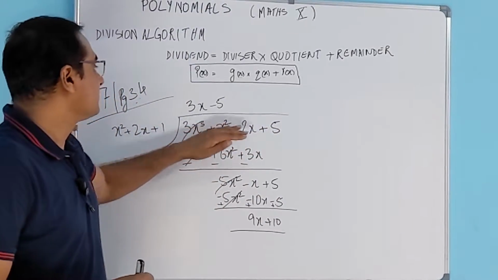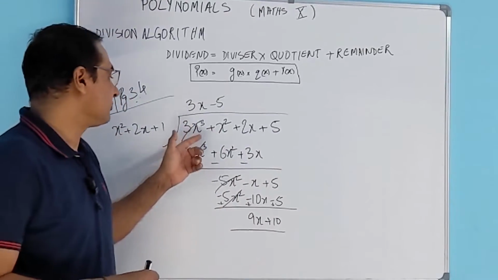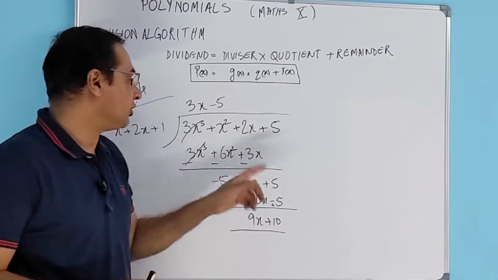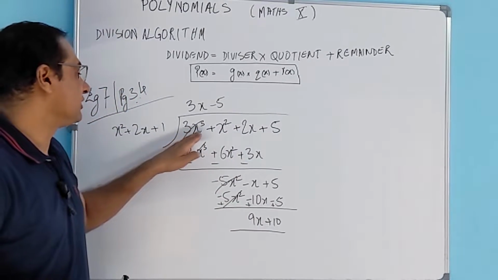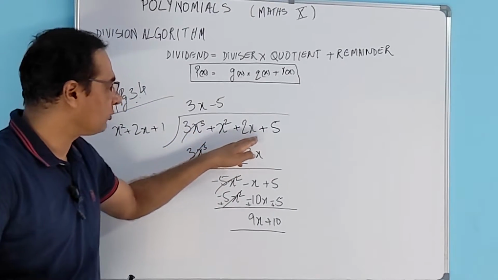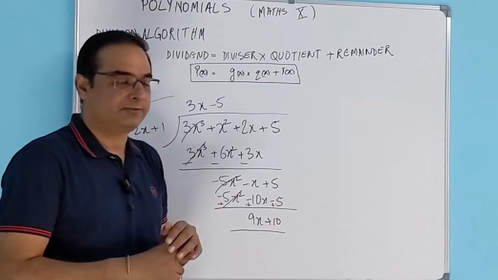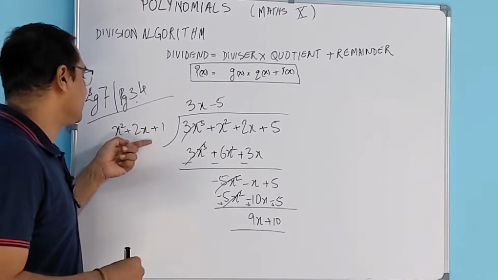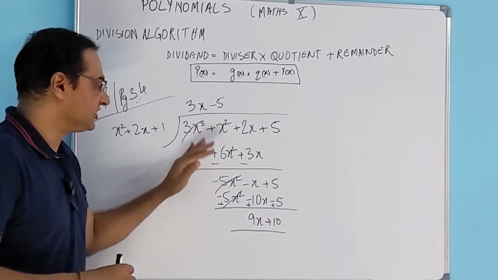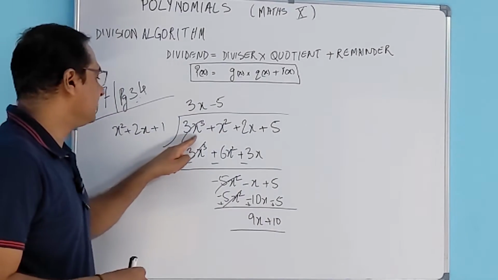First, we pick up the dividend and arrange the terms in decreasing order of degree of the variable. Here it's already cube, square, then 1 and then 0, so this is good. Second step, we look at the divisor, put it over here, and arrange them both in this form.